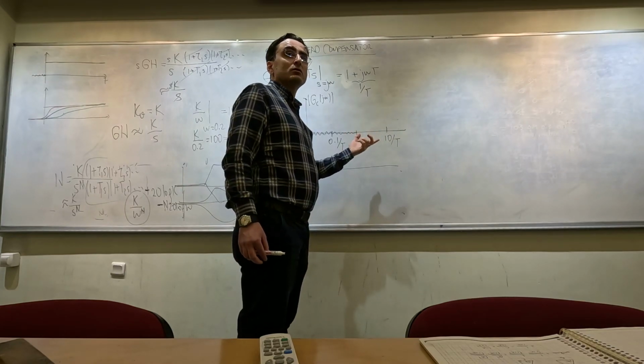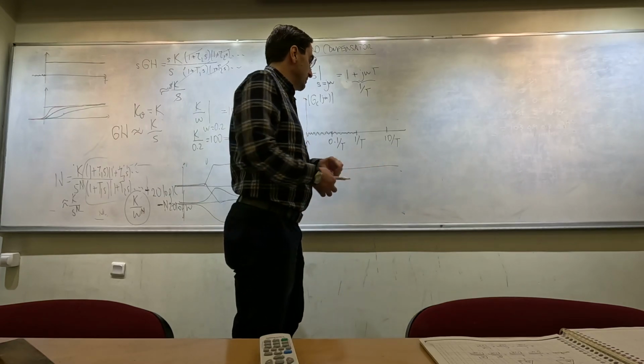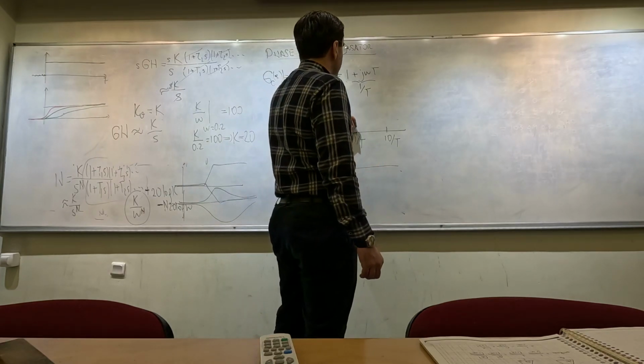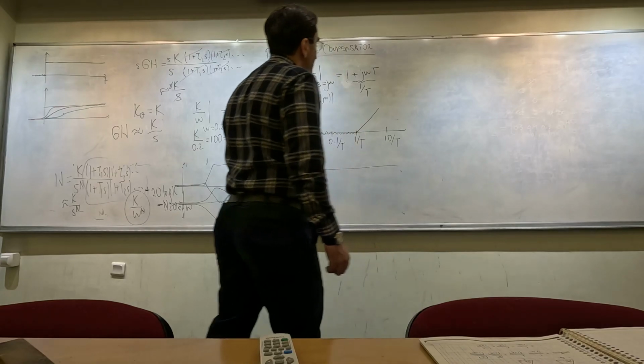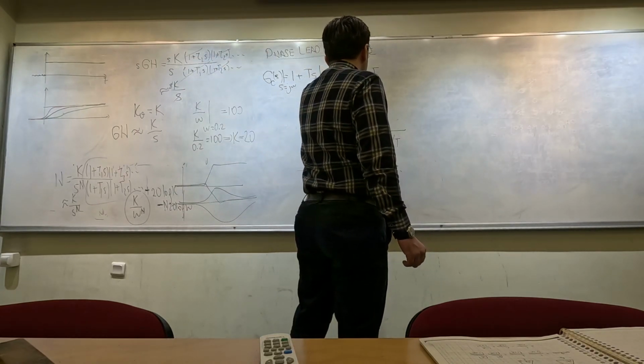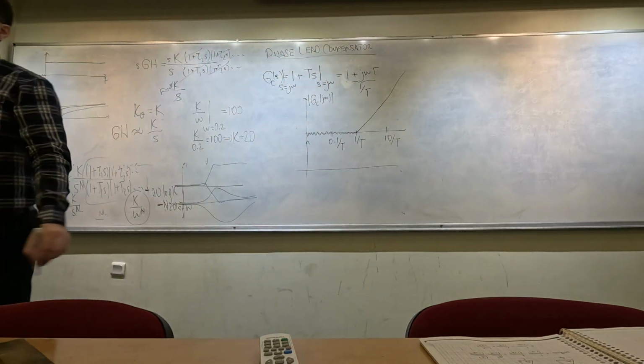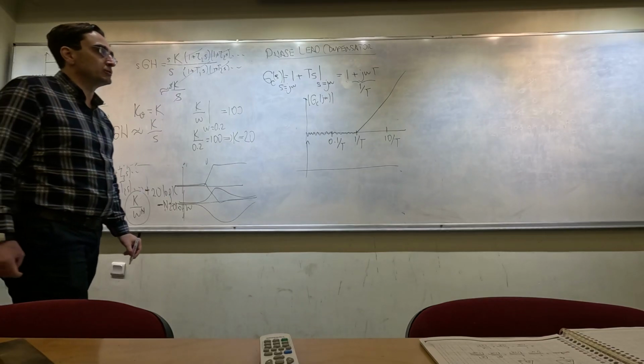It has to increase, with which slope? 20 dB per decade. Okay. So here we see that the slope is going to increase, and actually it is going to continue increasing forever, with 20 dB per decade slope.